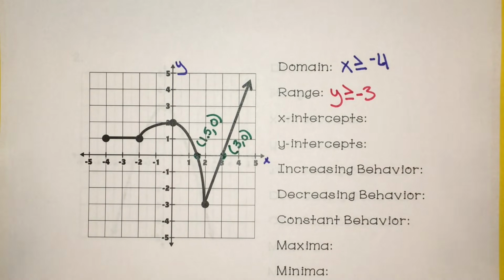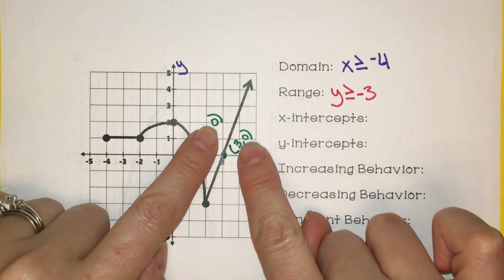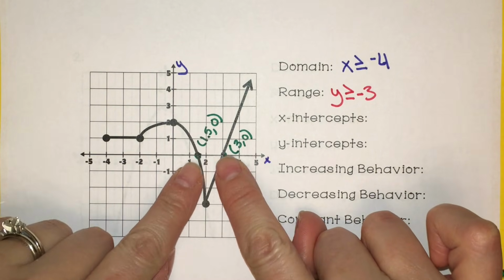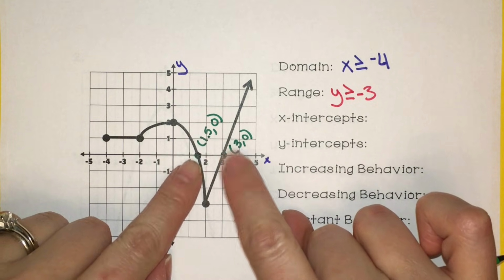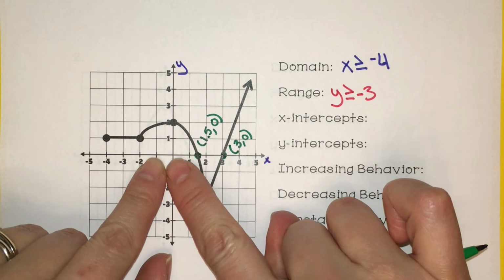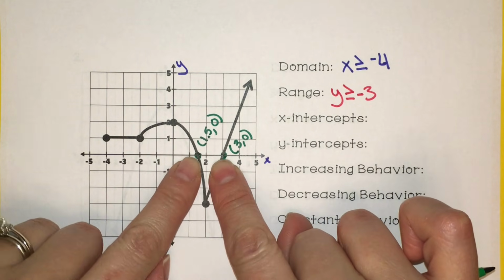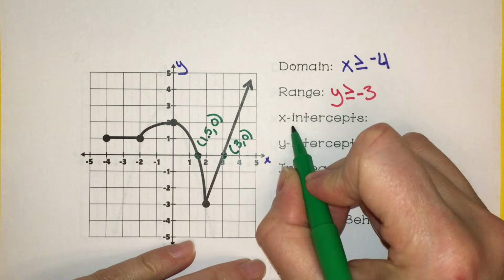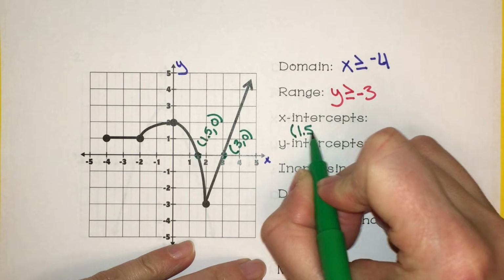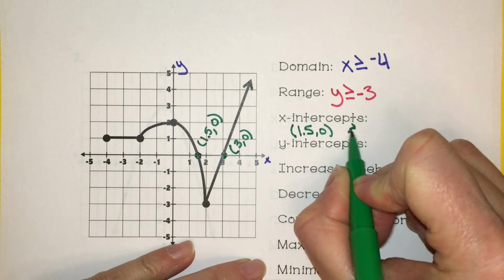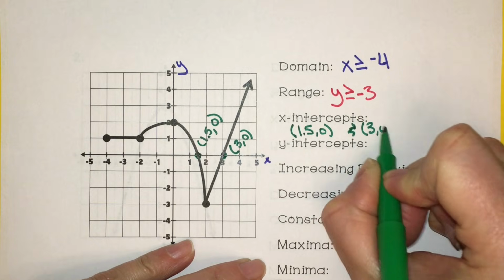On x-intercepts, your y value will always be 0 because at the point where your line goes through the x-axis, y is always equal to 0. So we have (1.5, 0) and (3, 0).